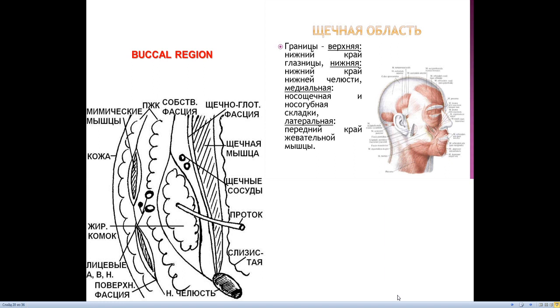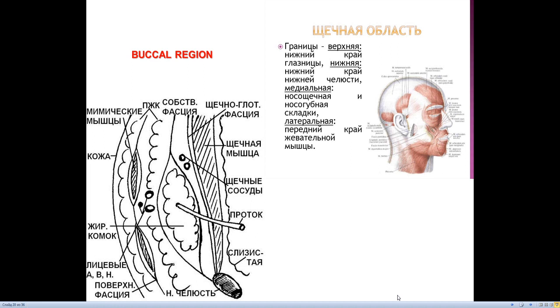Superficial layer is presented by the adipose tissue, and the deep contains muscles of facial expression, which are covered by the fascia, and also it covers the facial artery, vein, and branches of the facial nerve.